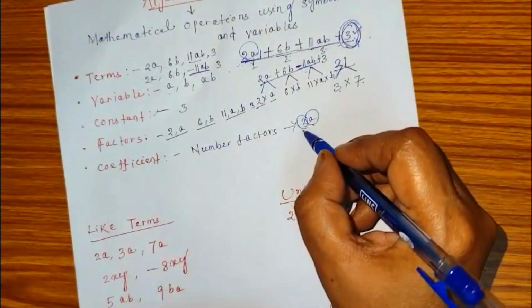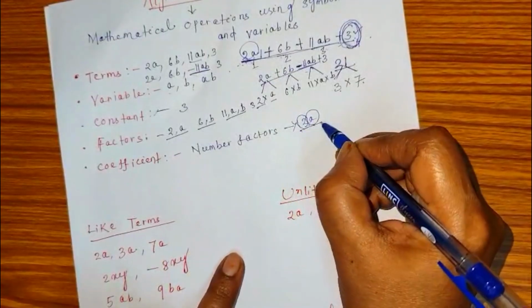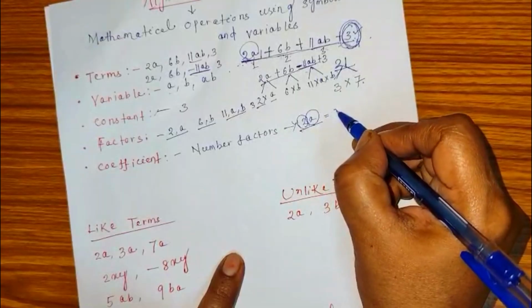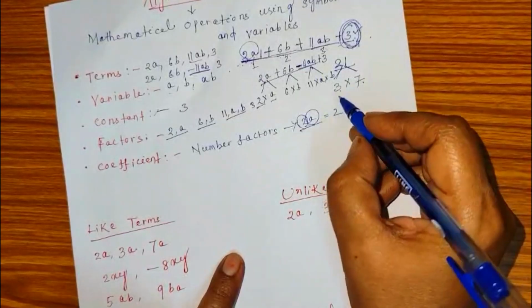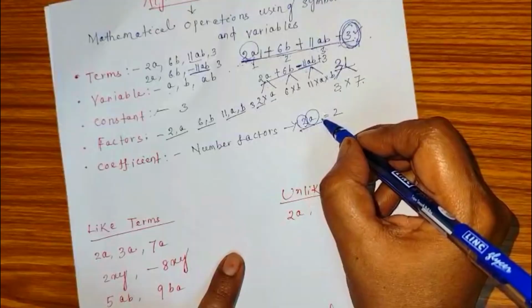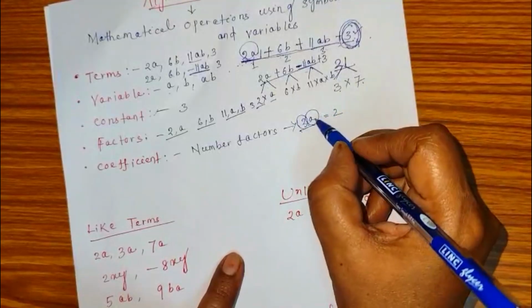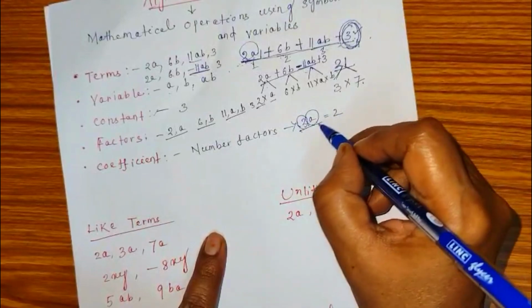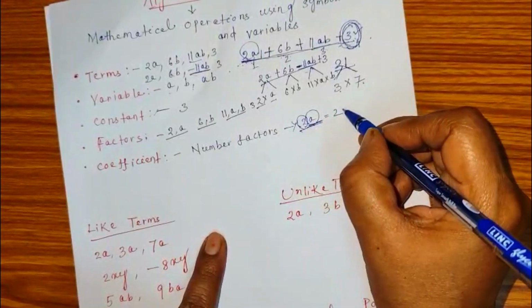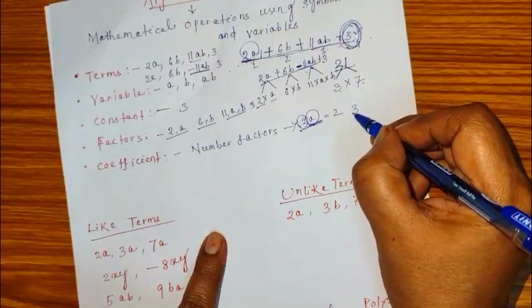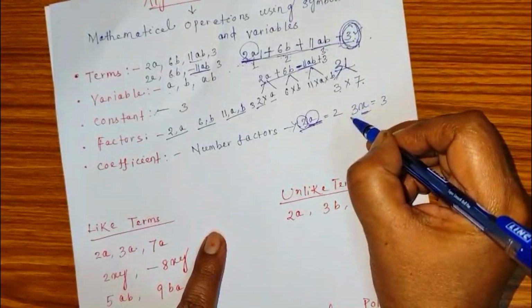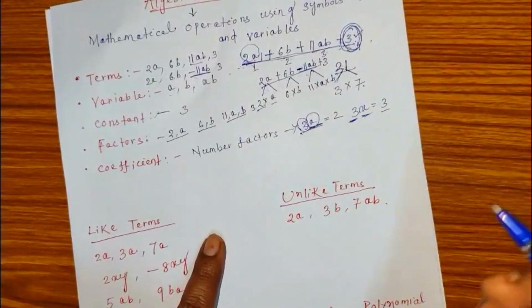So in 2a, the coefficient of a is 2. If only one variable is attached to the number, that number will be the coefficient for that variable. So for 2a, the coefficient of a will be 2. For 3x, the coefficient of x is 3. So the number factor is the coefficient.